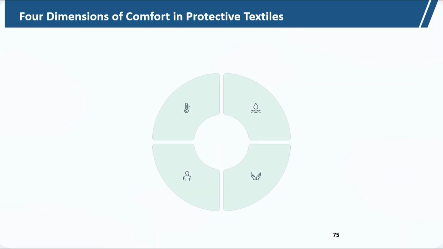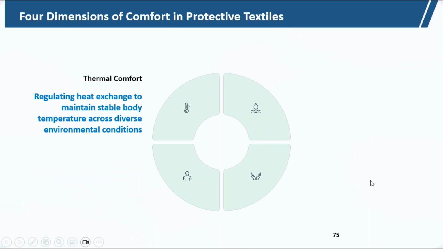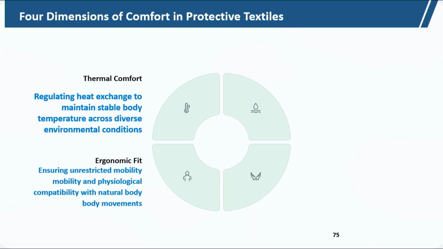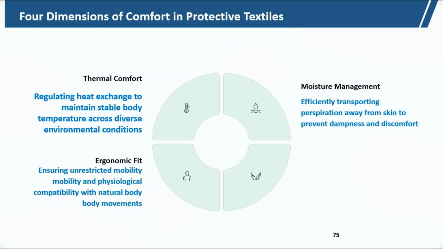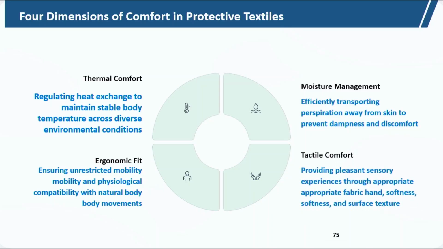There are 4 dimensions: one is thermal protection, next is ergonomic fit, moisture management and tactile comfort. All 4 aspects one has to incorporate in protective textiles. Thermal regulation should be there to maintain the heat balance, so the body should not get overheated.